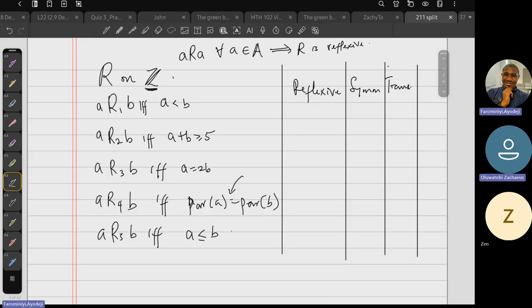Can you have 2 to be related to 2 in R under R1?